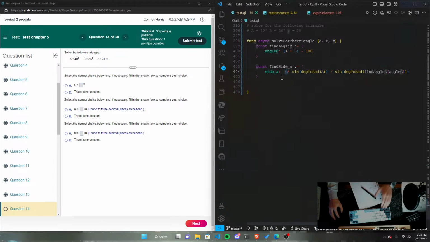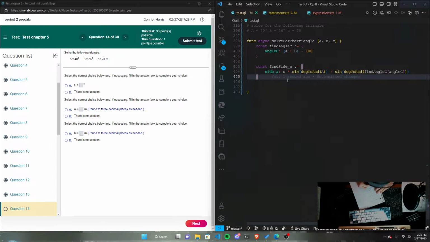Okay, yeah, that's right. So it'd be 20 times the sine of A, which is 40 degrees, divided by the sine of C, which is 114.